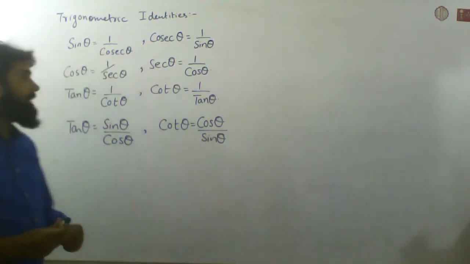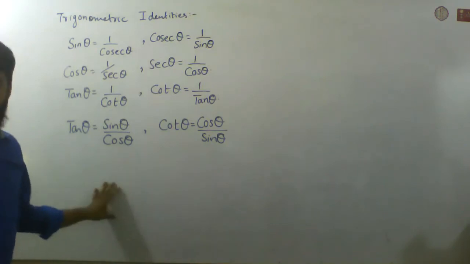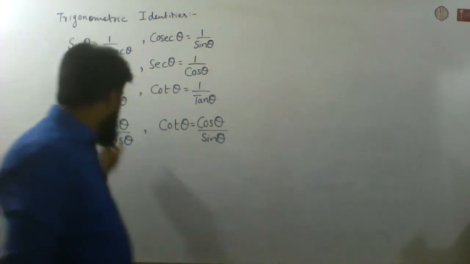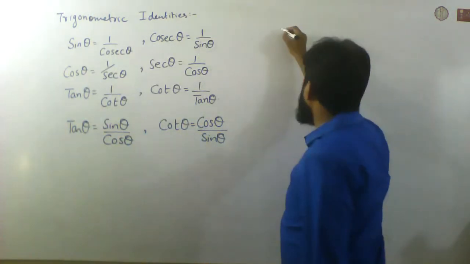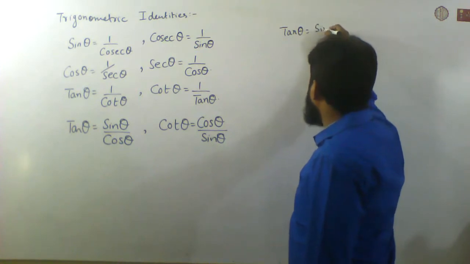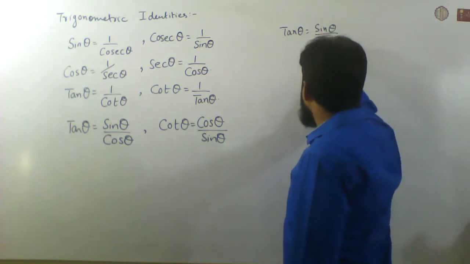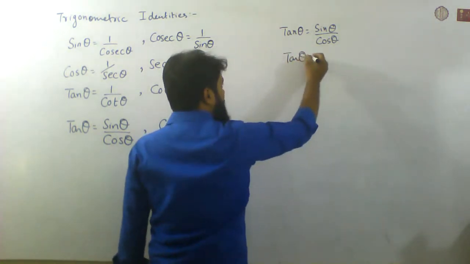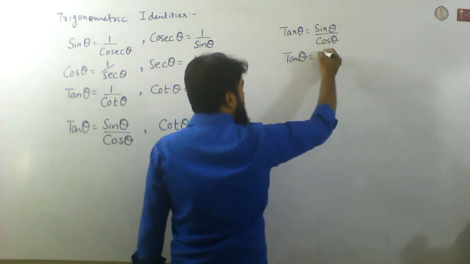How can I say that these things are equal? So let me just explain this one. Tangent theta equals sine theta over cos theta.